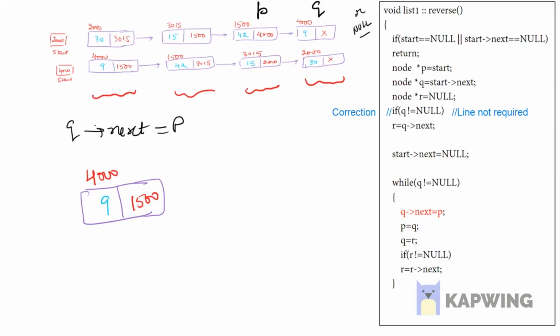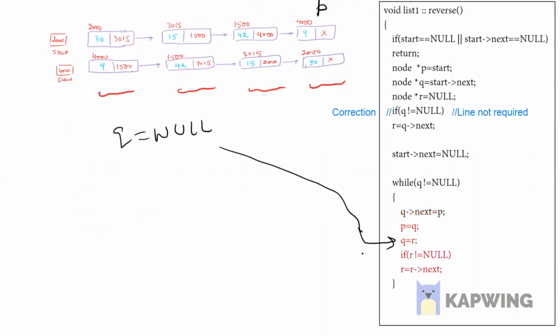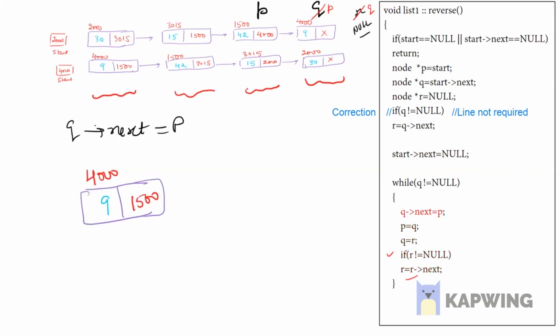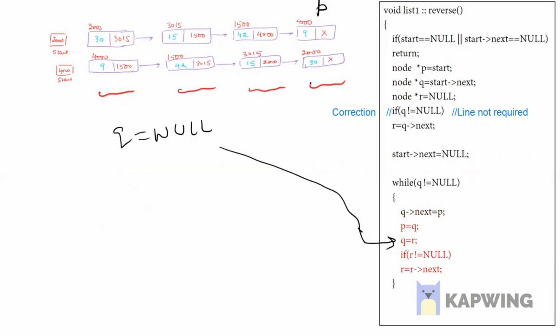Again move P and Q further. R will not be incremented because R is already equal to null. R equal to R next is only possible if R is not equal to null. So Q will now become equal to null. R is also null and Q is also null.